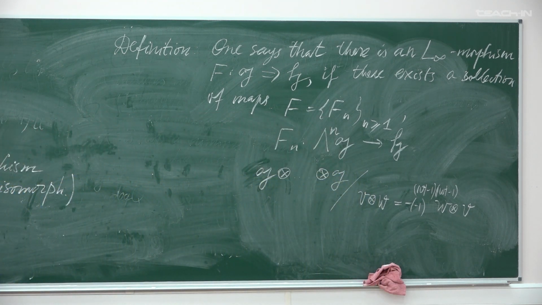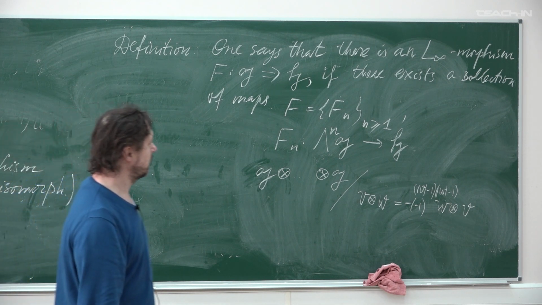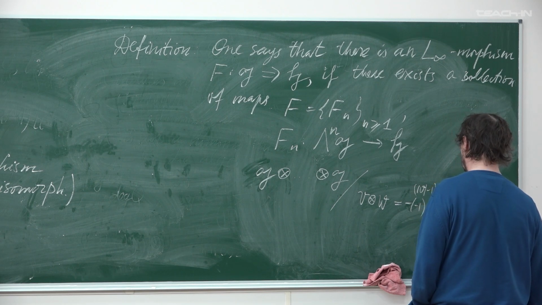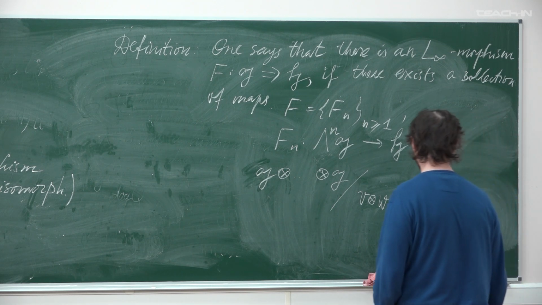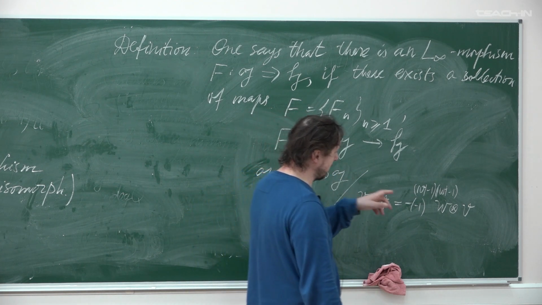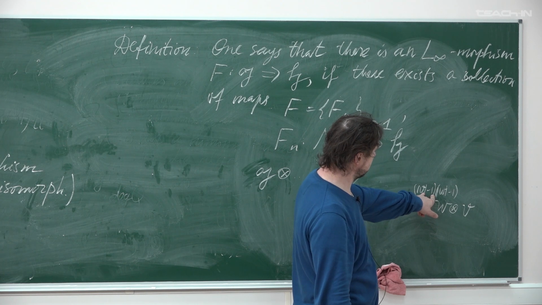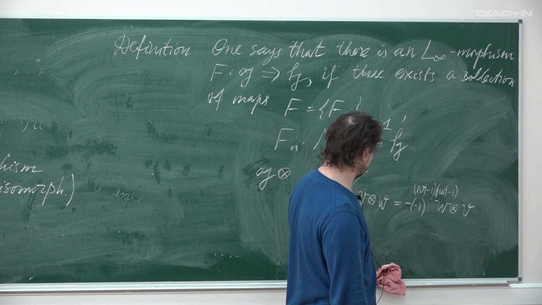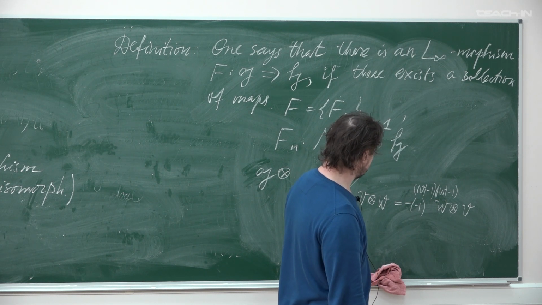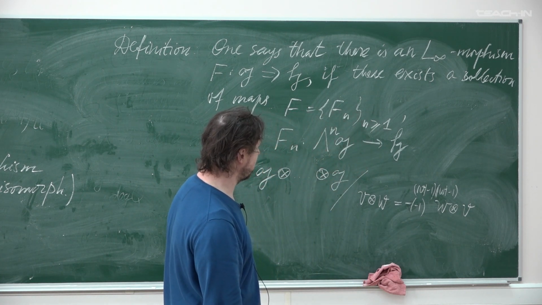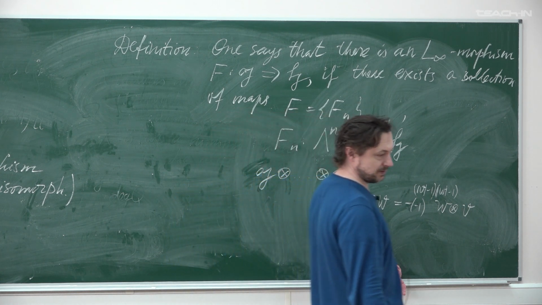You see that the signs are quite important here. Let me check that I haven't made a mistake about the signs. So if V and W are even, right? Yeah. So it will be minus, and if this is minus, this will be plus, in fact.